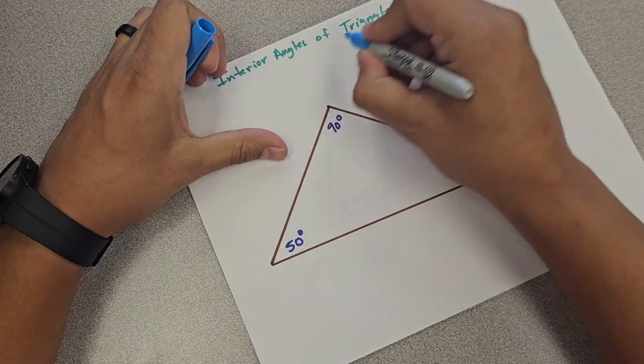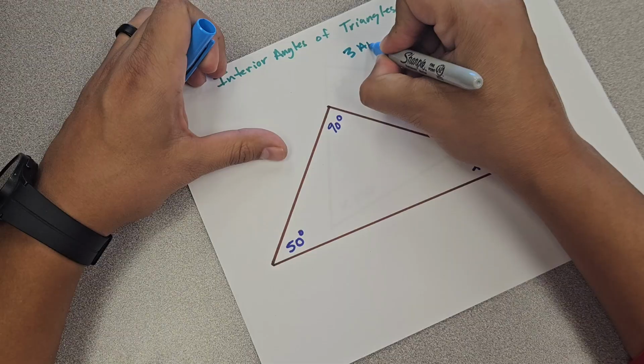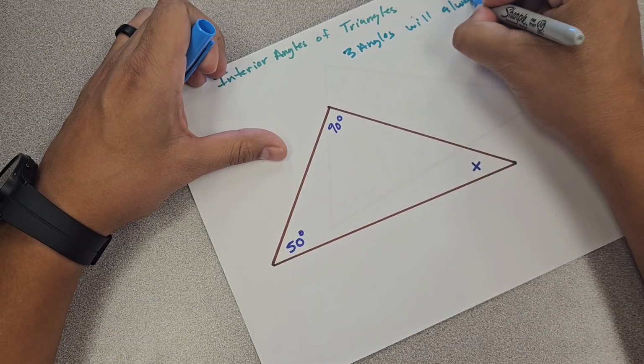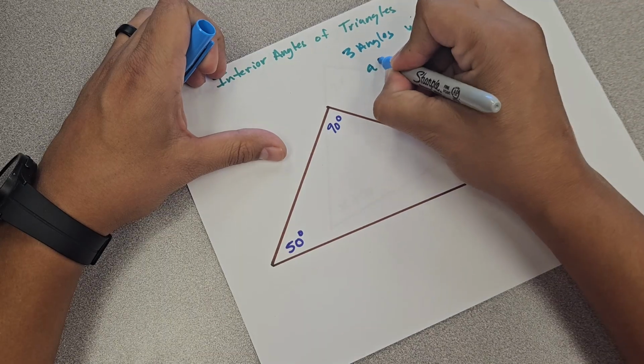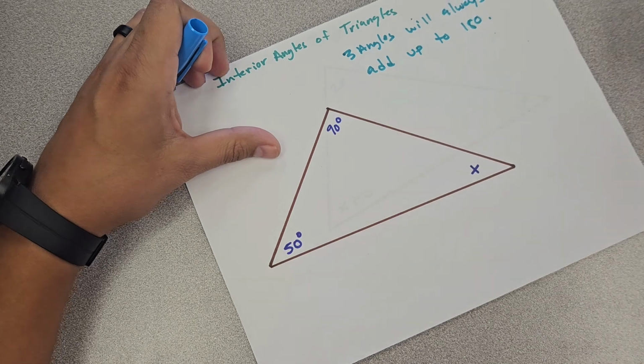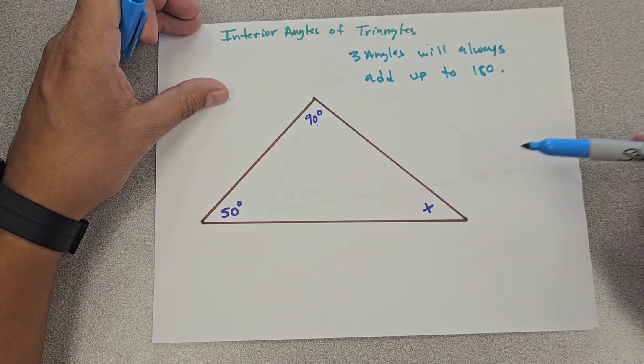So the interior angles of a triangle will always add up to 180.